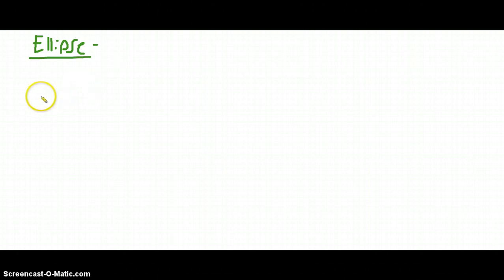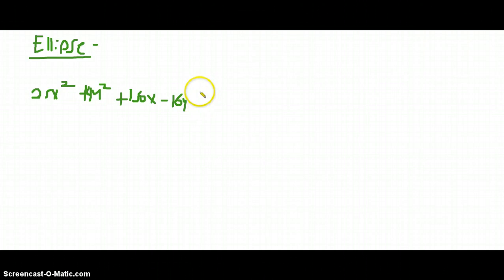Basically, given this equation, 25x squared plus 4y squared plus 150x minus 16y plus 141 equals 0.